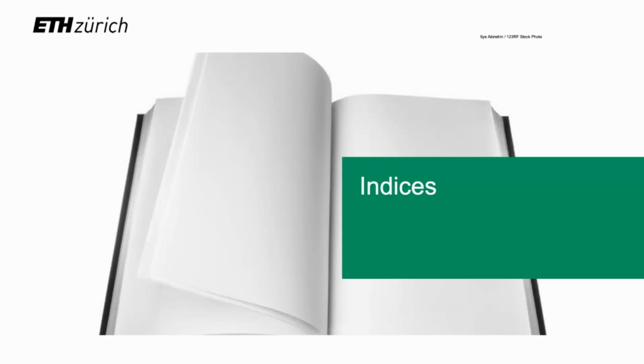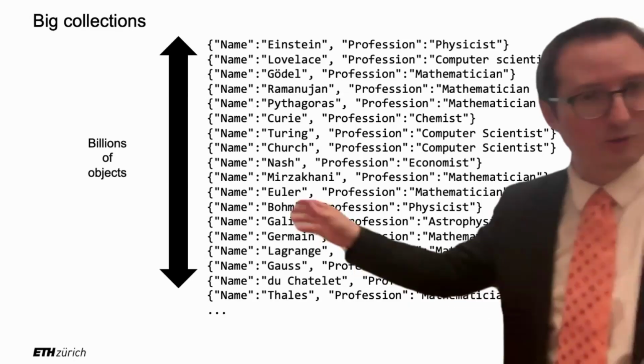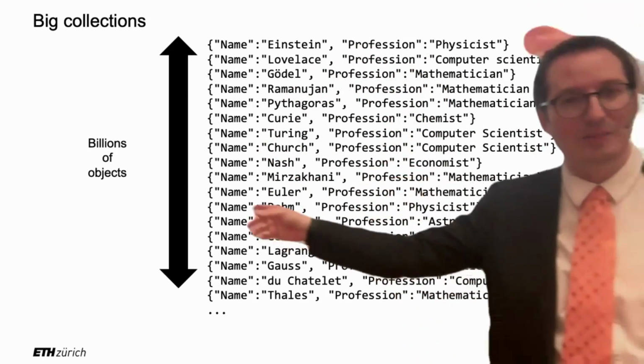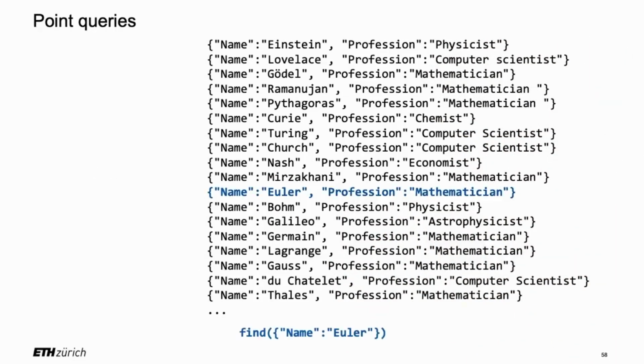If you want to look up something in a data lake, maybe I have a few examples in there. Imagine you have, let's say, a JSON lines collection, but that could also be a MongoDB collection stored in BSON. And imagine you have billions of them. What kind of queries do we want to do against this sort of data? Perhaps we are looking for one very specific object.